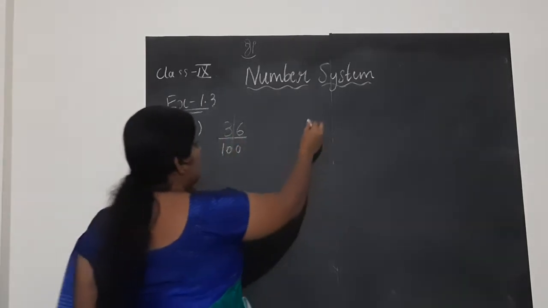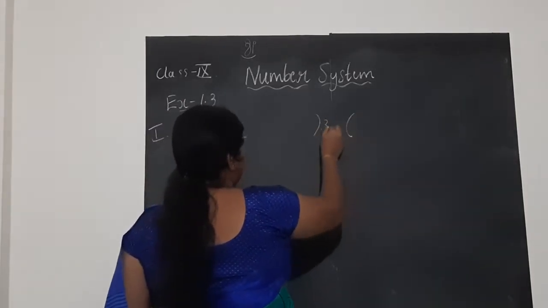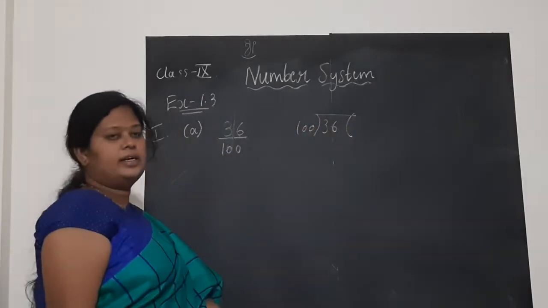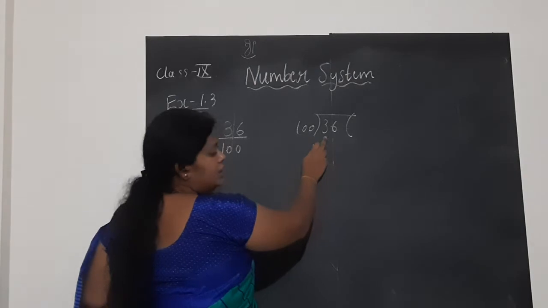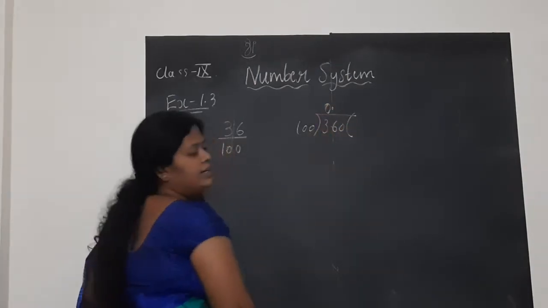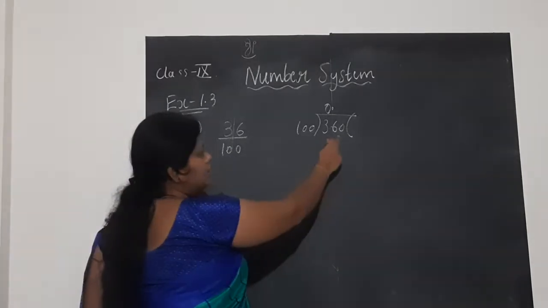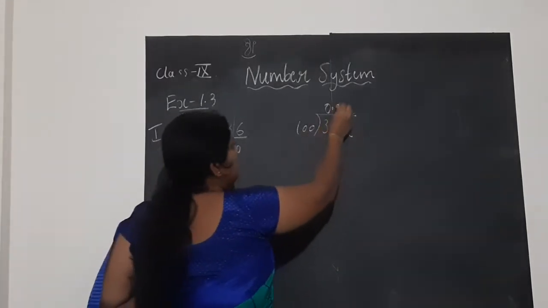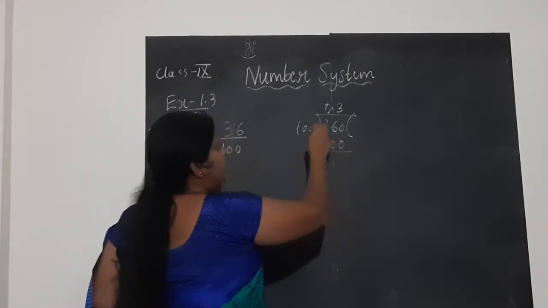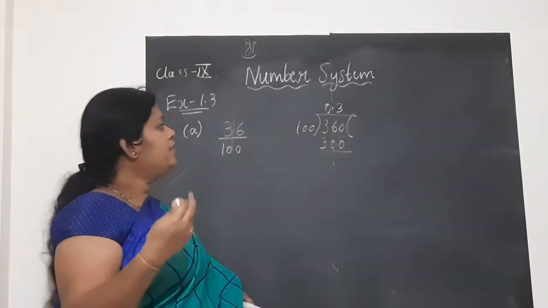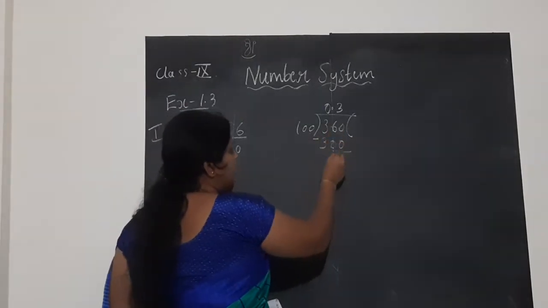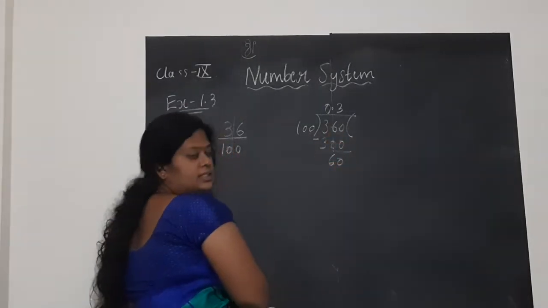Let us go with the actual division. We need to divide 36 by 100. As you know, 36 cannot be divided, so we write 0 point and take a 0 here. 36 became 360. 100 3s are 300. If I take 100 into 4, it is 400, which is more than 360, so I cannot subtract. 360 minus 300 is 60.